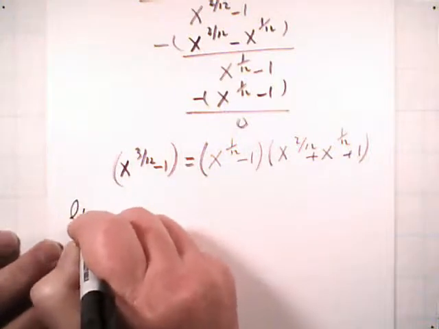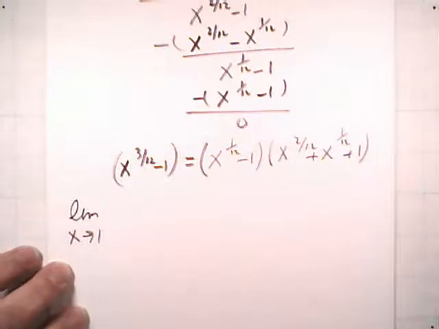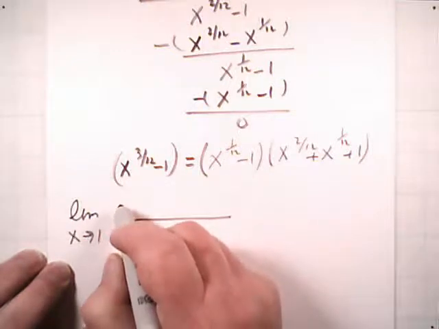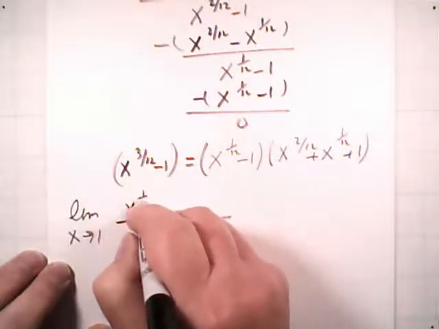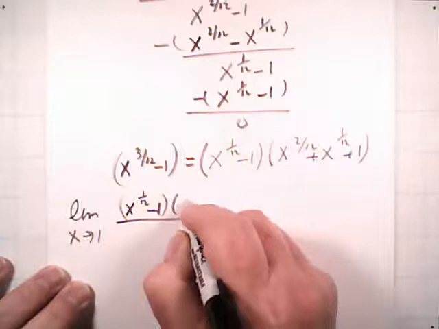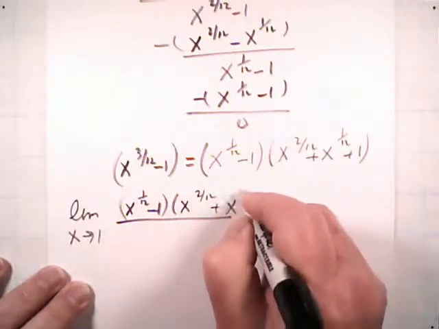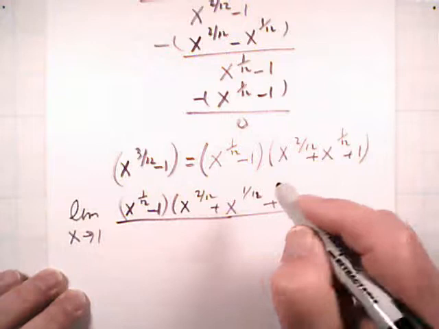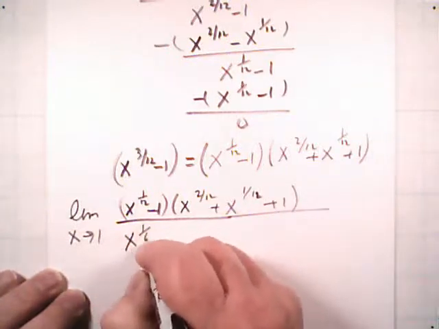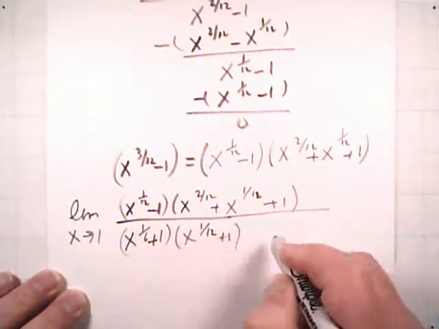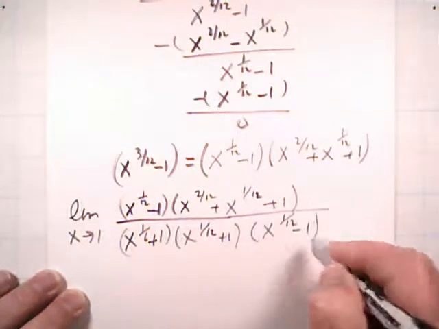What we're trying to solve is the limit as x goes to 1 of the numerator, which is x to the 1/12 minus 1 times x to the 2/12 plus x to the 1/12 plus 1, and the denominator, based on our factoring, is x to the 1/6 plus 1, x to the 1/12 plus 1, and x to the 1/12 minus 1.